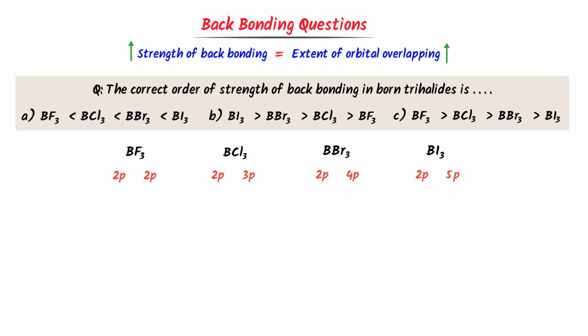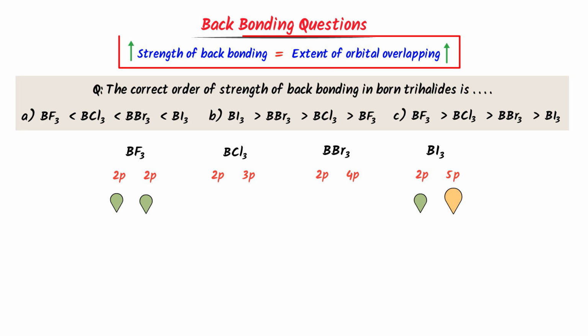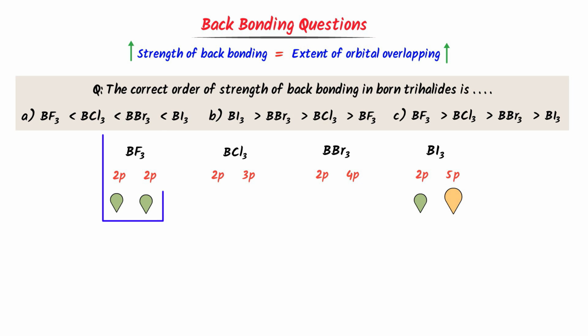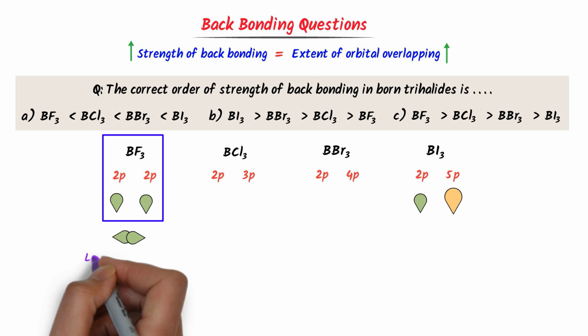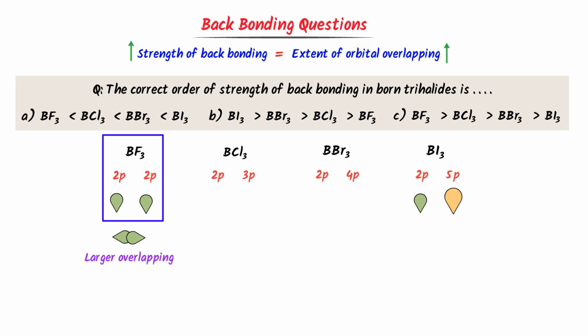We know that the size of 2p is smaller and the size of 2p is also smaller. On the other hand, the size of 2p is again smaller and the size of 5p is larger. Now listen carefully. We already learned that the strength of back bonding depends on the extent of orbital overlapping. In case of BF3, the extent of orbital overlapping is high due to smaller orbital size.